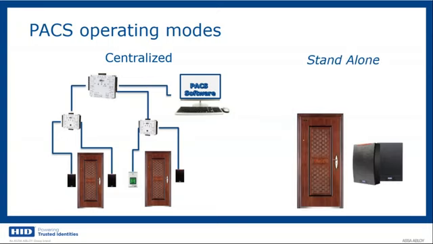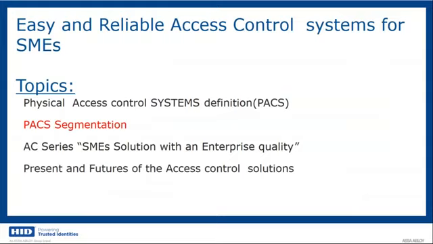Okay. The other one is standalone. Normally, HID has a lot of equipment that can work this way. When we are using a standalone solution, the controller has embedded software that will have all the information of the people that can get inside our facilities, but all these standalone solutions can also be configured to work as a host and be added to a PACS software that will centralize all the doors in our facilities, okay?